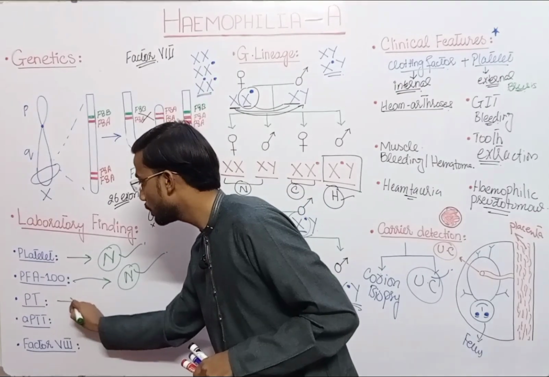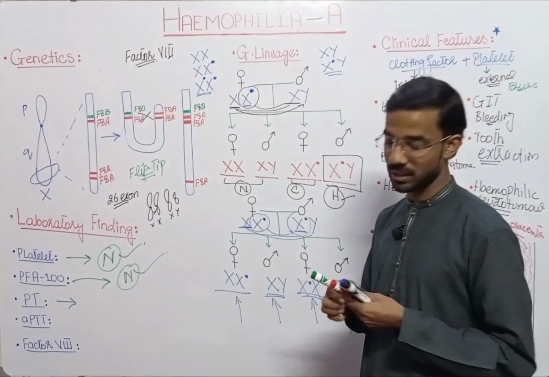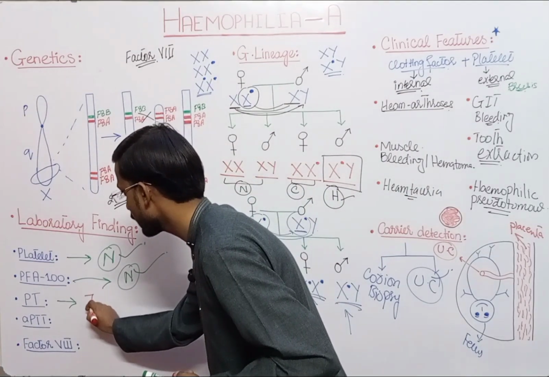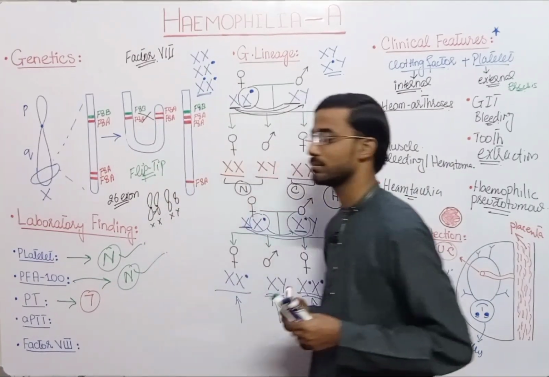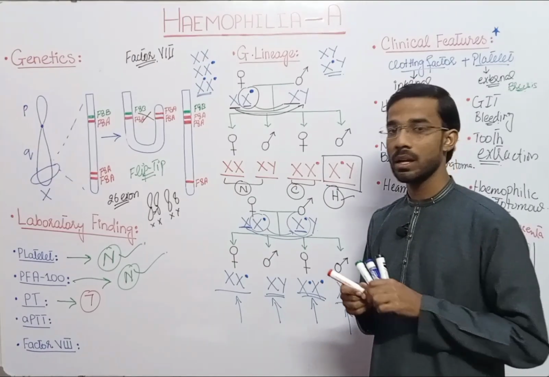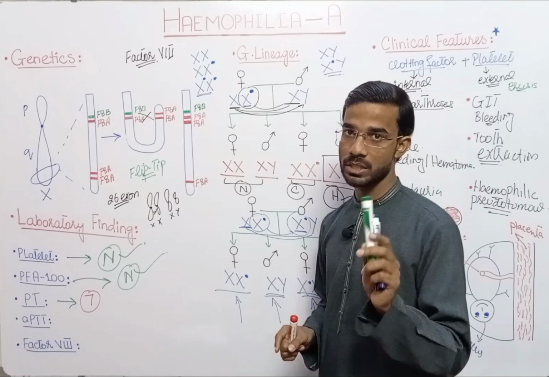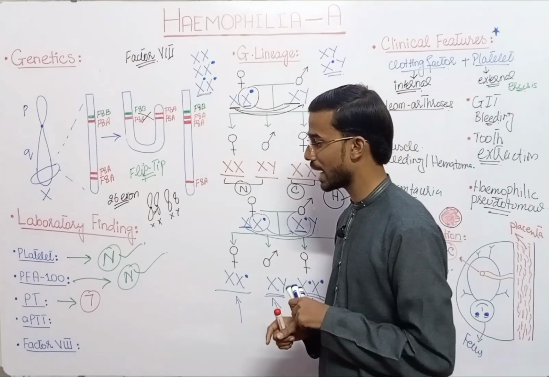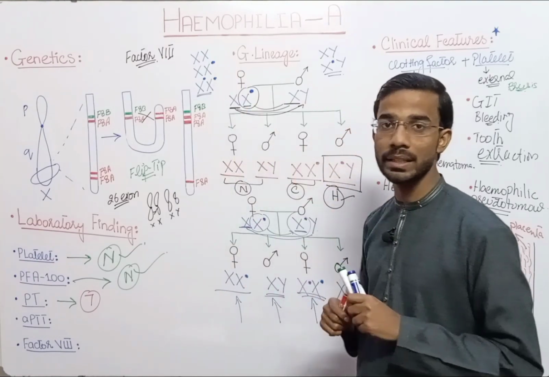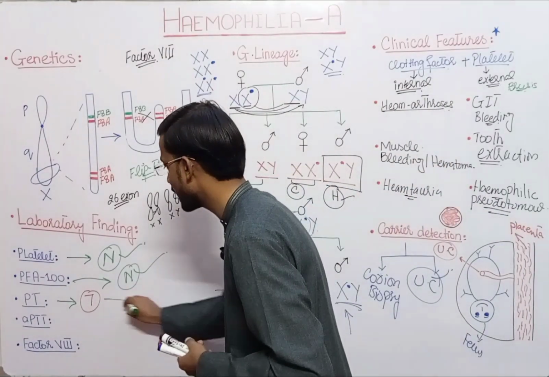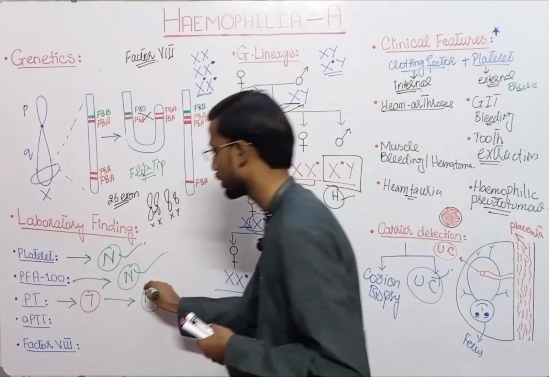PT, the main clotting factor in the PT is basically clotting factor 7. In PT you will see clotting factor 7, which is most important. In that situation, this is actually a defect in factor 8. So in a hemophilic person, PT will also be normal.